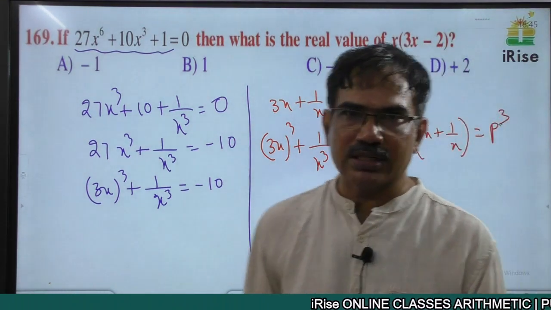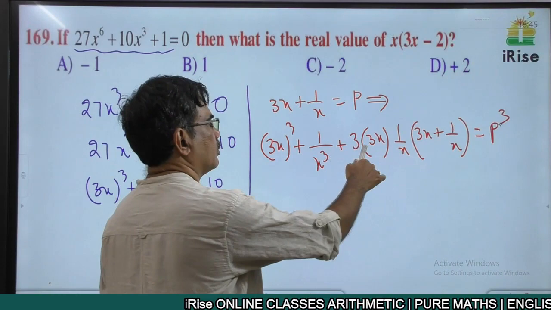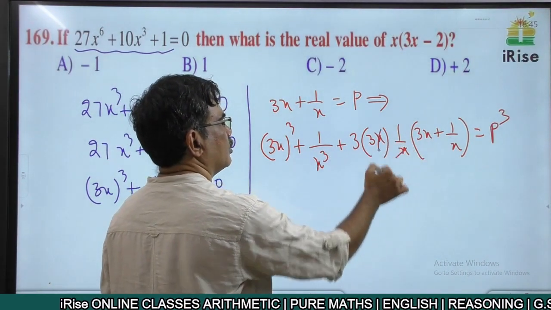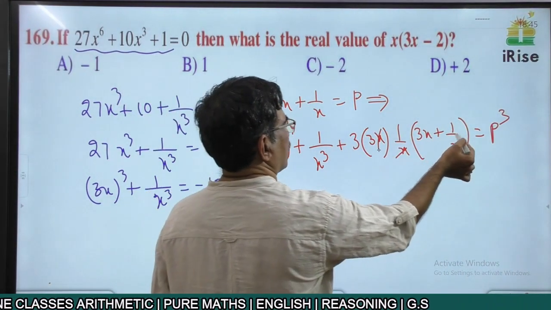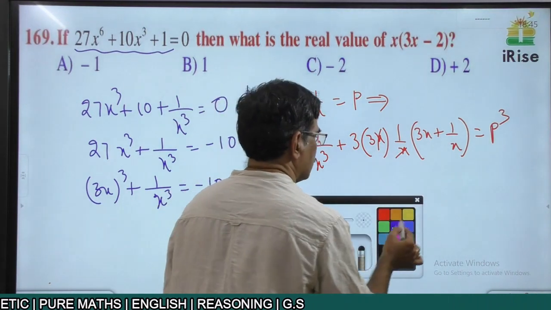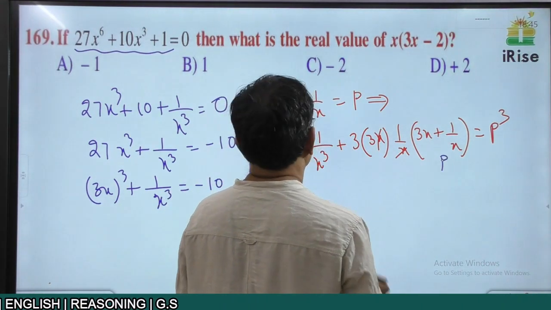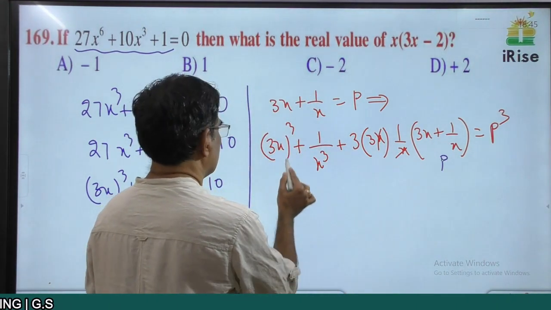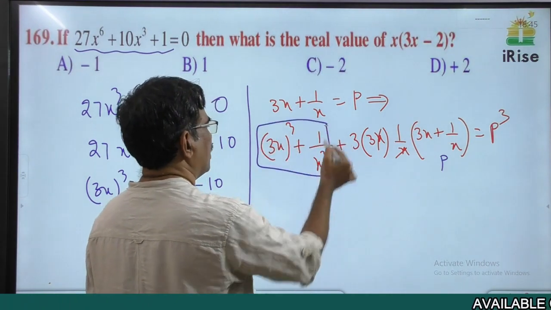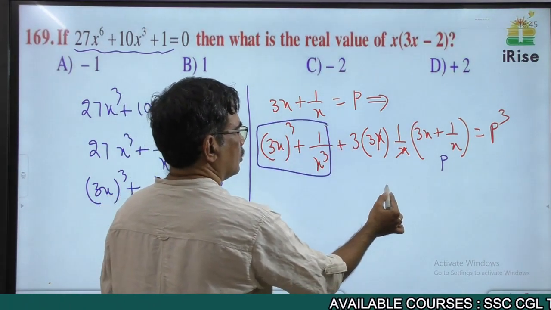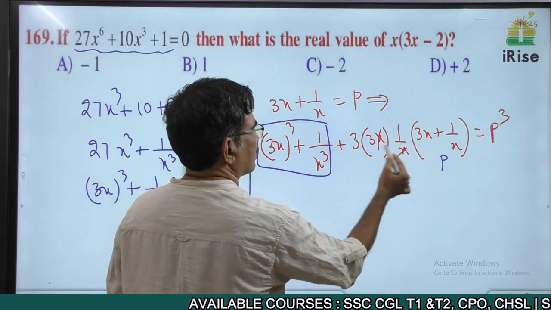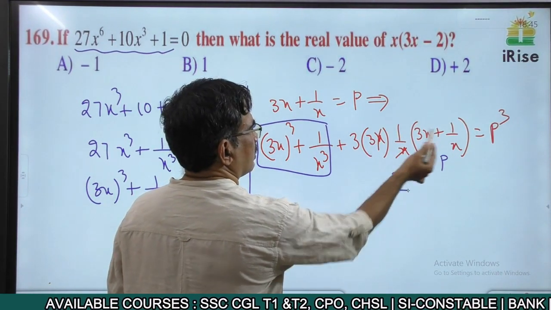Here a into b gets cancelled, and 3x plus 1 by x is nothing but p. So therefore this part is equal to p cube minus 3 into 3, that is 9p.